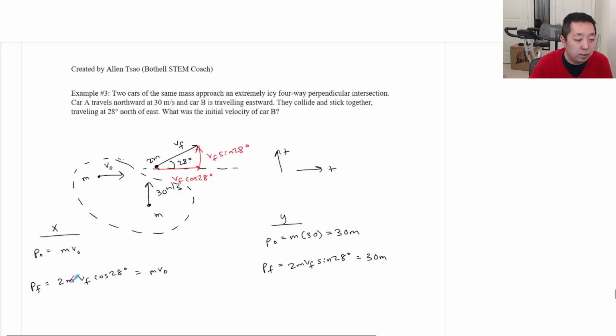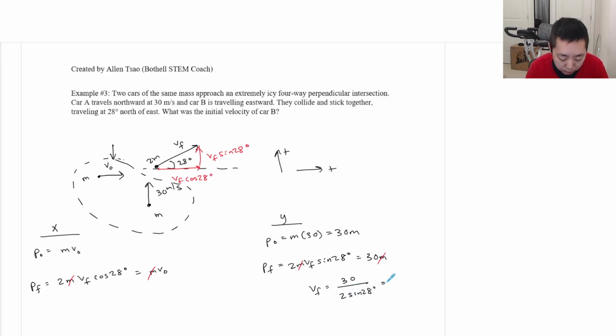So we can make some simplifications. The m's are going to cancel. What I need to do is figure out what VF is so I can solve for V0, because I'm trying to figure out this velocity right here, V0. So how am I going to solve this? I got two equations, but this one I can solve for VF. VF is equal to 30 divided by 2 sine 28 degrees, which is 31.95 meters per second.